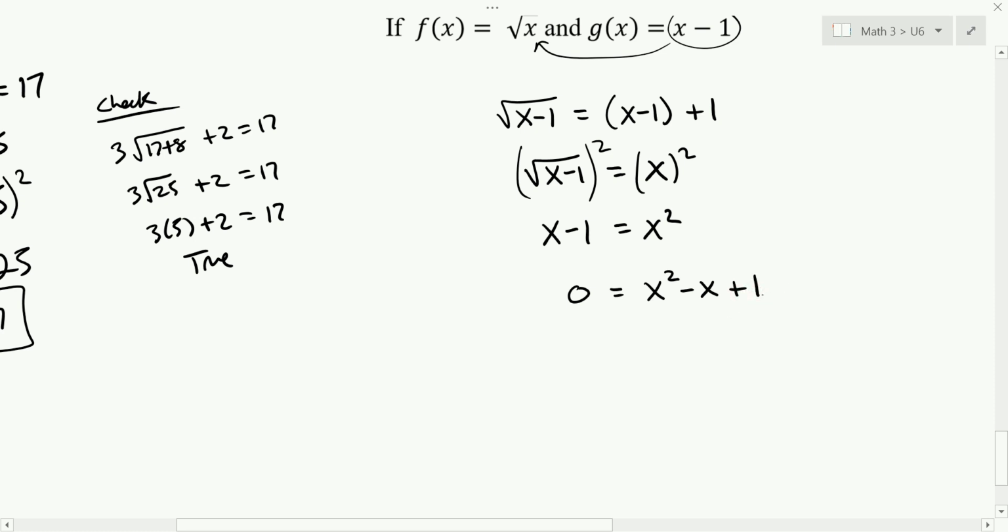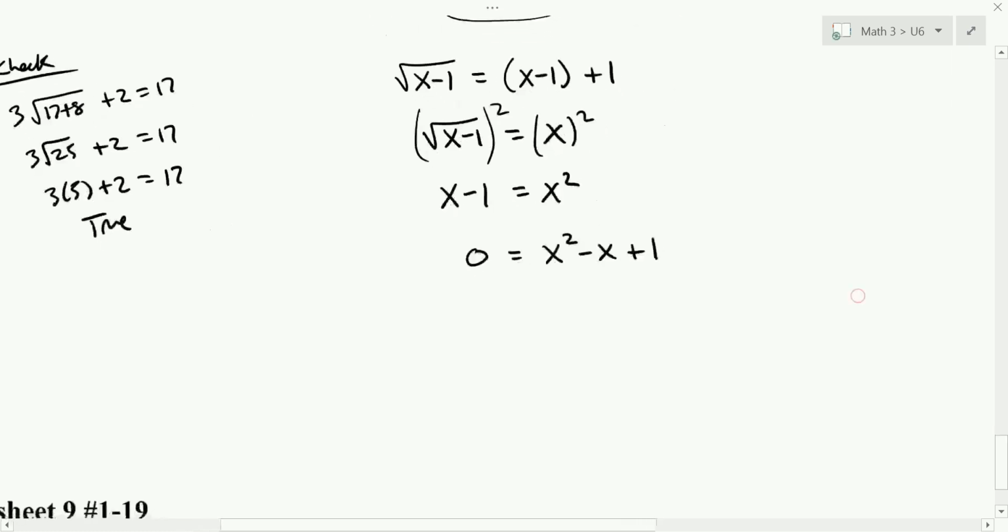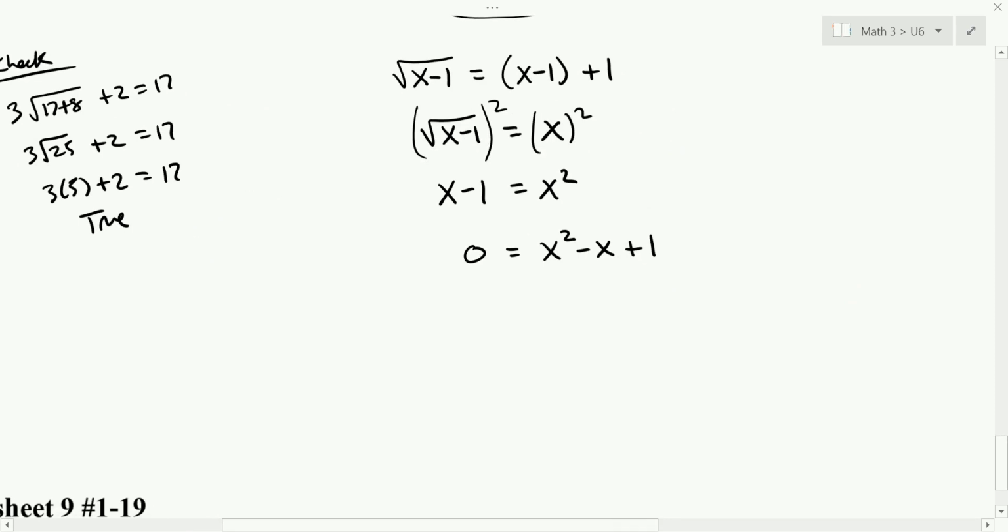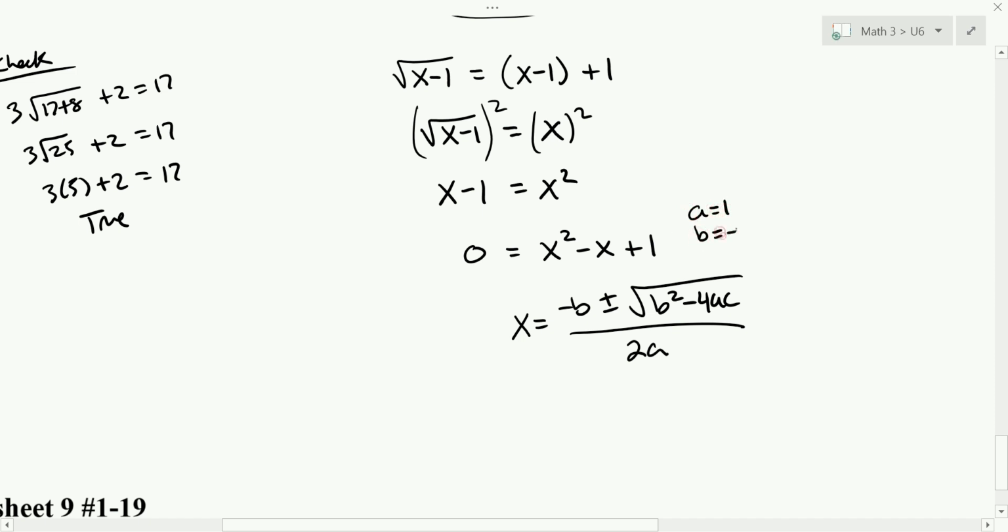And then try to factor. We're looking for two numbers whose product is 1 and whose sum is negative 1. You try and try and try, and it just doesn't work out. So when factoring doesn't work for a quadratic, you use the quadratic formula. X equals negative b plus or minus the square root of b squared minus 4ac all over 2a. In this case, a is 1, that's the number in front of x squared, b is negative 1, and c is positive 1.